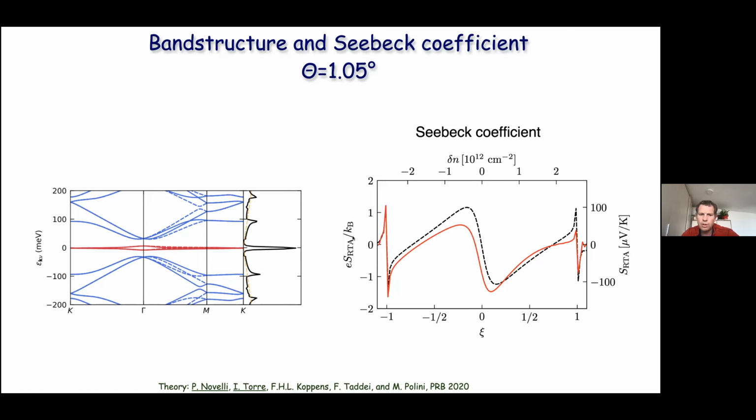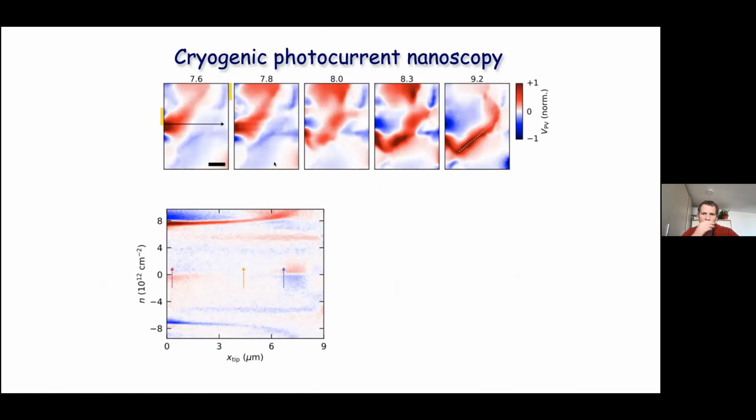So now I'm going to look again at this photocurrent mapping, like I showed you before, but now for magic angle graphene. I show you here this map on the top for different carrier density. And what you see is actually kind of a mess, right? It looks complicated, different colors, and when we change carrier density, you see different profiles.